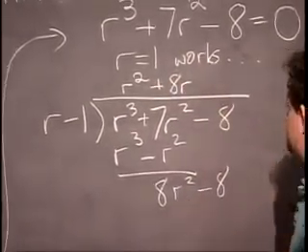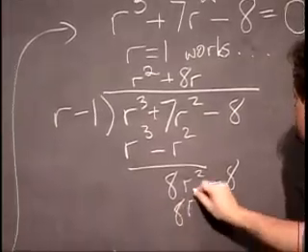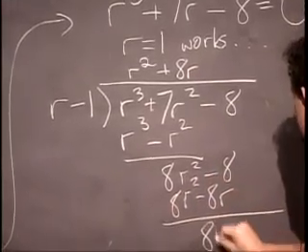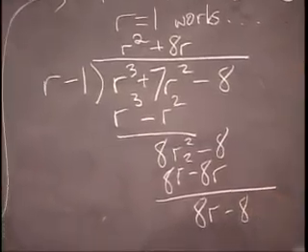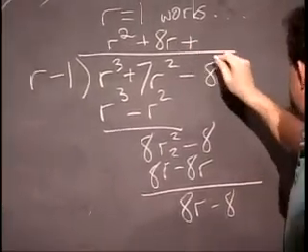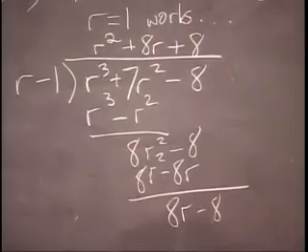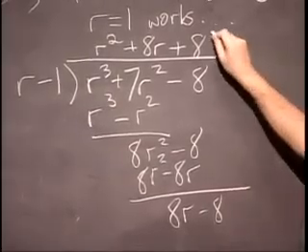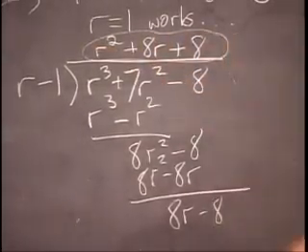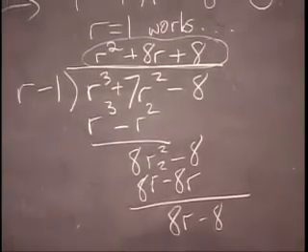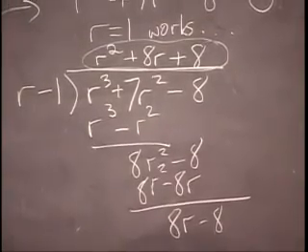And if we multiply this, we get 8r squared minus 8r. And you get 8r minus 8. So plus 8. R squared plus 8r minus 8. So actually, any factor of this will also work. Well, what are the factors of that?